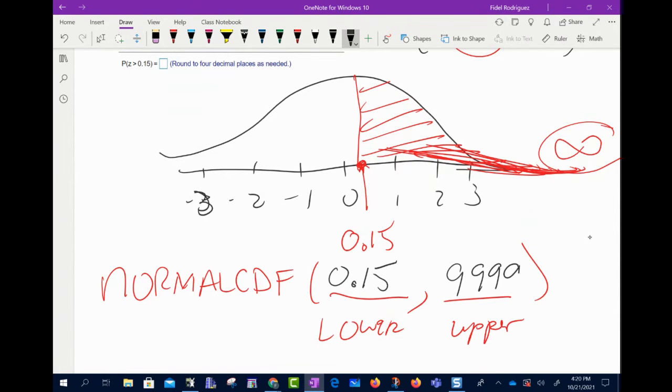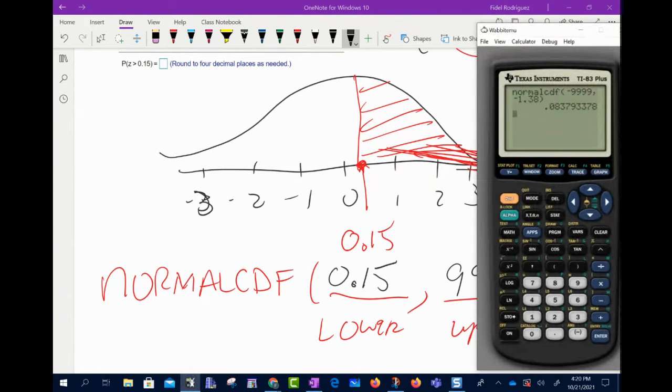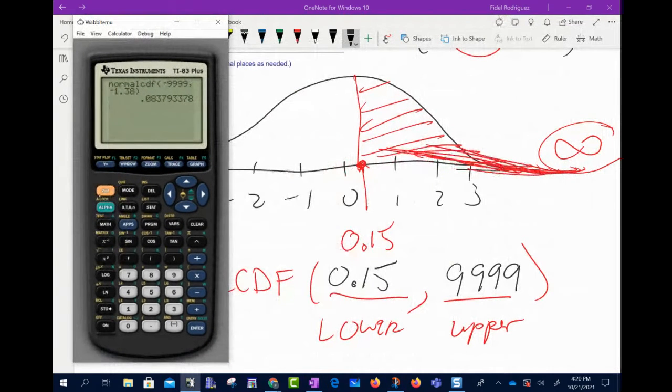So on the calculator, we'll just use the positive 999, right? Again, I'll do this the same way. I'll go second, vars, and use my normal CDF, start at 0.15, and go all the way to the nines.